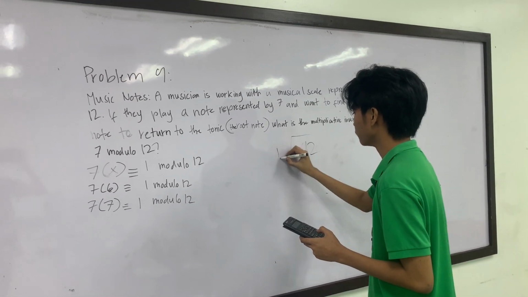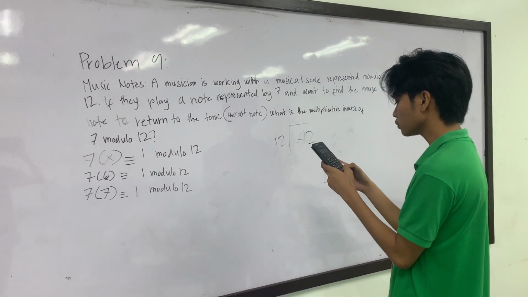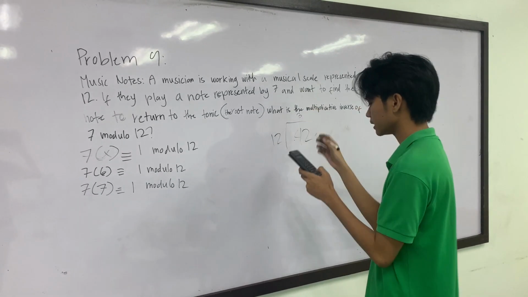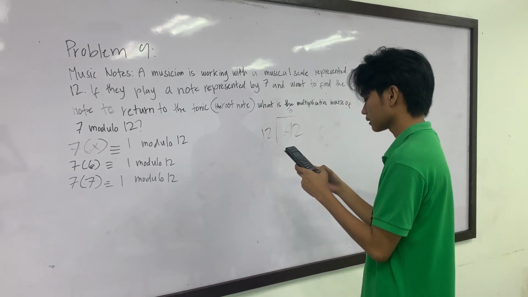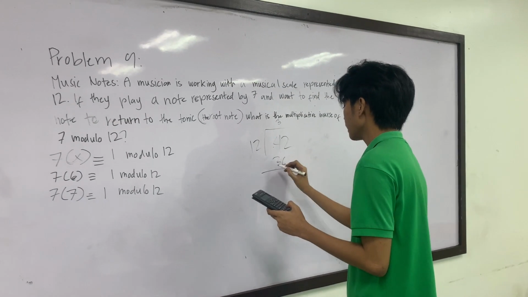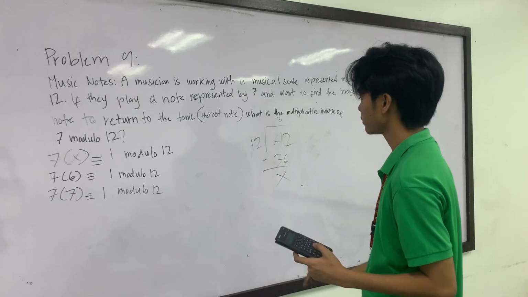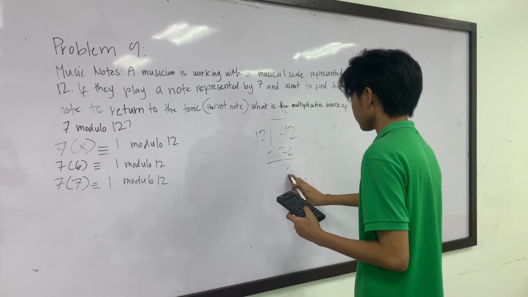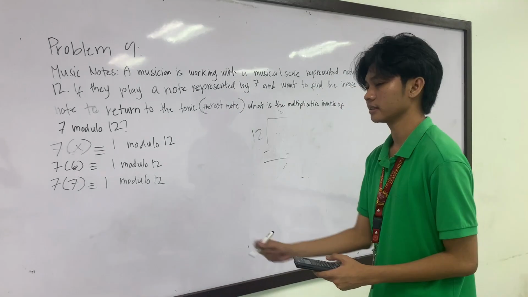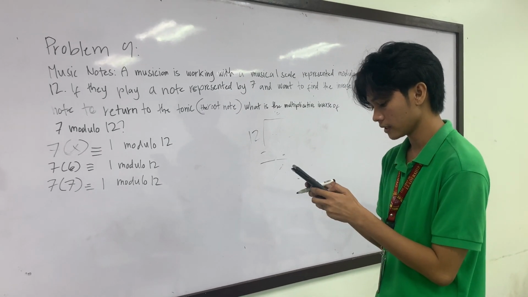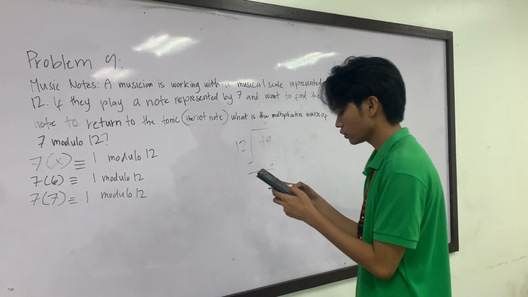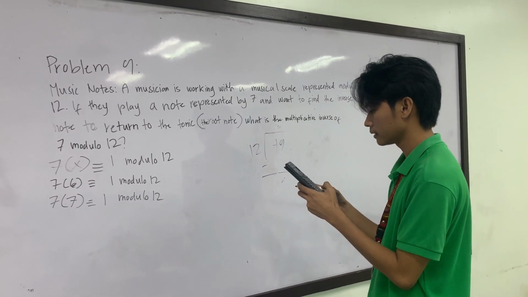So 7 times 6 is equal to 42. And 42 divided by 12 is equal to 3. 3 times 12 is equal to 36. And still not the remainder 1. So 7 times 7 is 49. So 49 divided by 12 is 4.